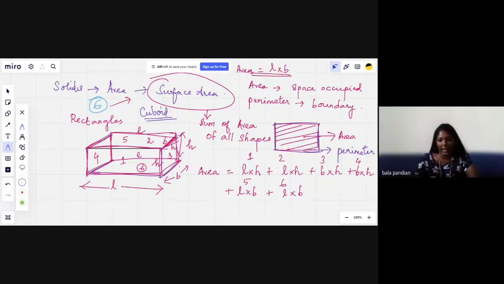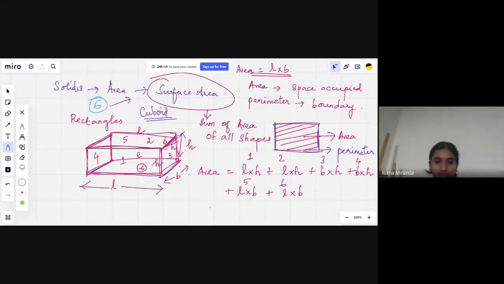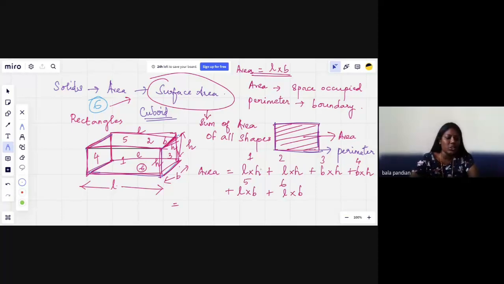No. Okay. Now comes the simplification part. So how can we write L into H normally in algebraic form? Can I write it as LH? In algebra, you know that multiplication doesn't need to be put in between the two variables. If I have L into H, I can simply write it as LH, which also says that I am multiplying L into H. This multiplication can be silent according to algebraic expressions.